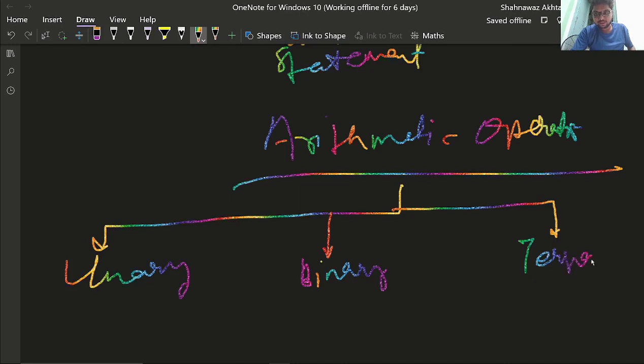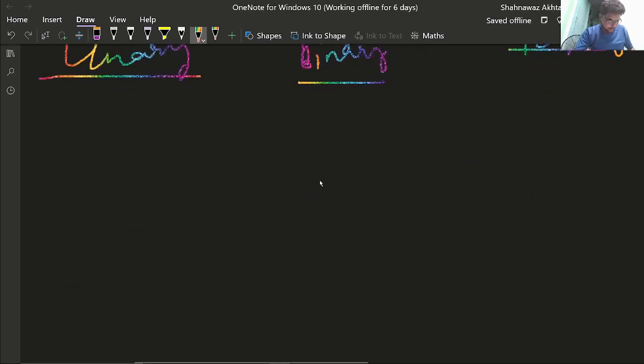Please remember all these terms, because they will be used in programming from the next session. So what are unary operators? There are four types of unary operators: unary plus, unary minus, unary increment, and unary decrement.